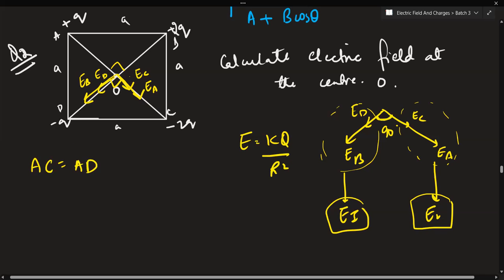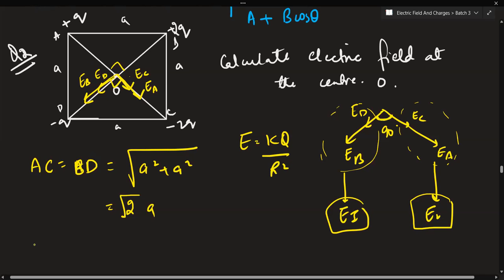AC will be equal to BD. Both the diagonals will be what? Under root of A square plus A square, according to Pythagoras theorem, this is A, this is A. This is the hypotenuse. Hypotenuse is given by the square root of the sum of squares of perpendicular and base. So this will be root 2 times A.